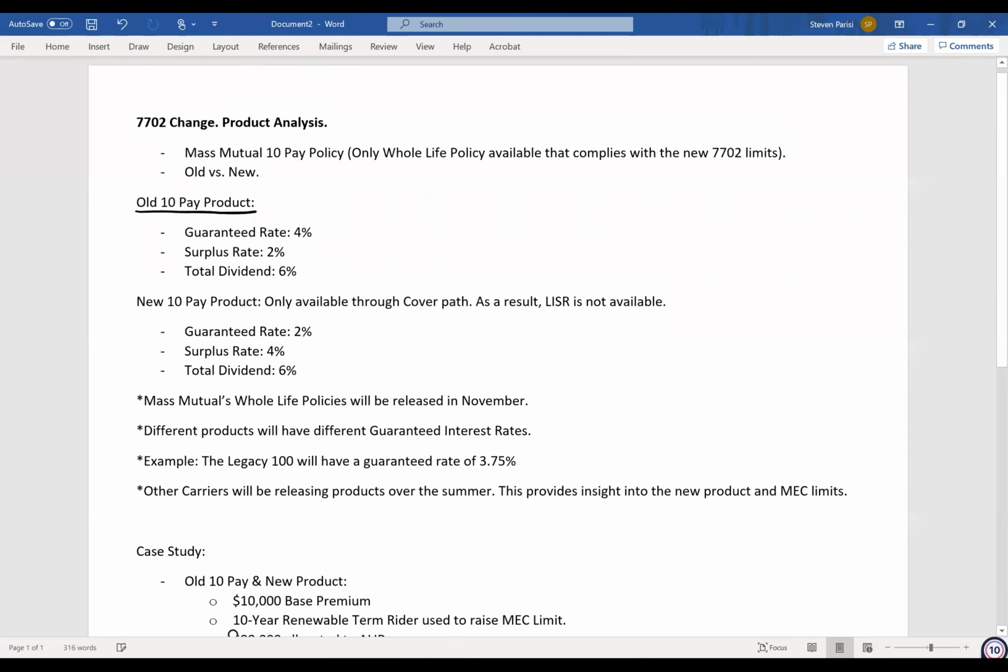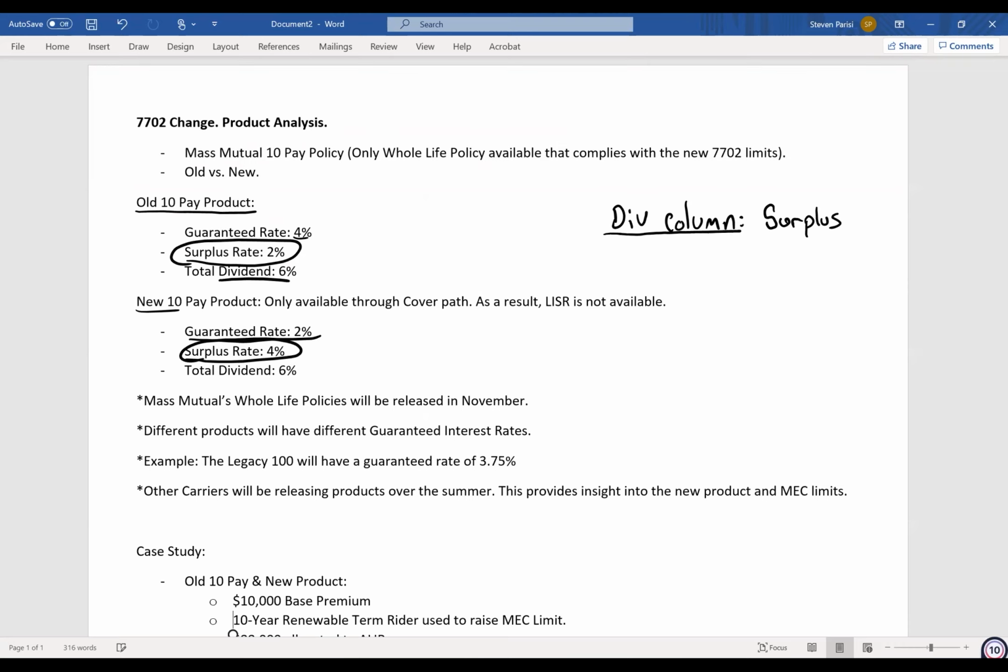Old product has a guaranteed rate of 4% and a surplus rate of 2%, whereas the new product, guarantee of 2% and a surplus of 4%. When we take a dividend column on a life insurance illustration, that dividend column does not represent the company's advertised dividend rate, which makes it very confusing. What that dividend column represents is the surplus rate only.